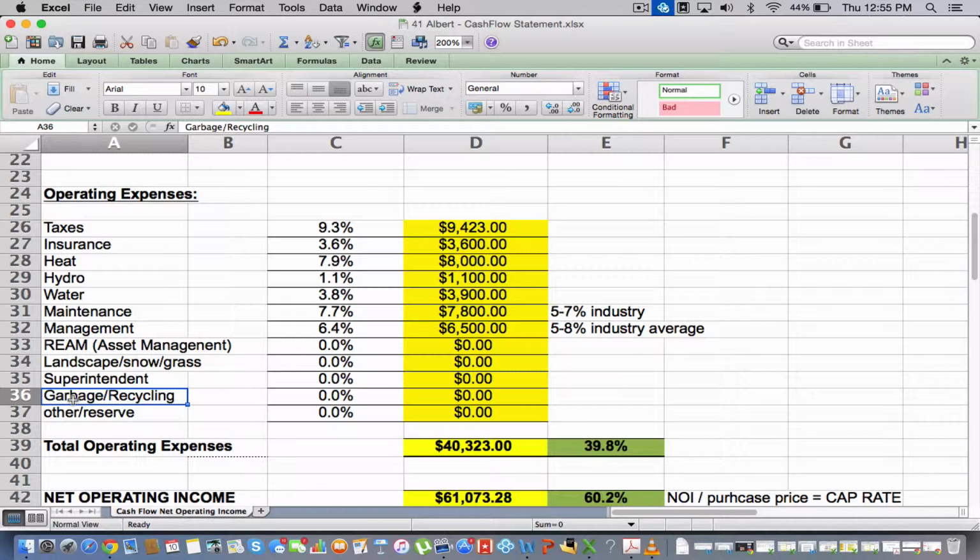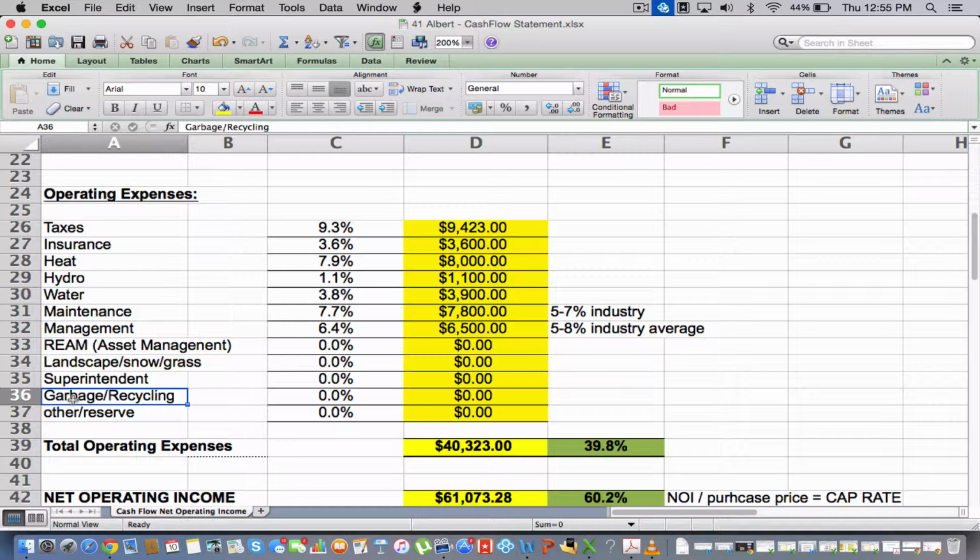But if you input them into the operating statement of a property, it really distorts what the actual operating numbers are.